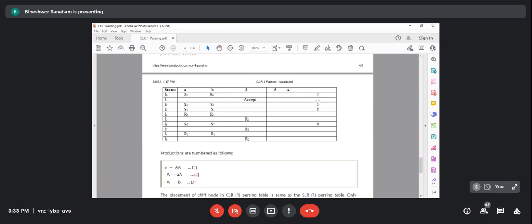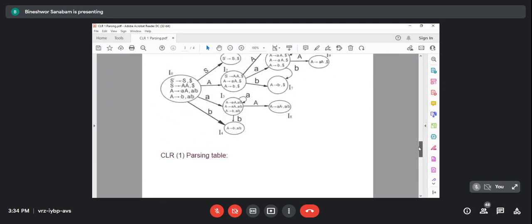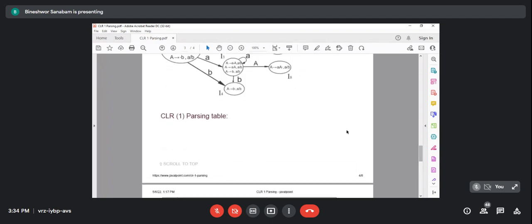Here we only have to make a difference with reduce. So what did we just mention with reduce? That we can reduce only with the look ahead symbol. So when we are considering state I4, what is our look ahead?